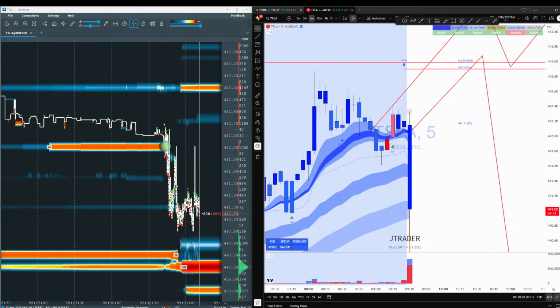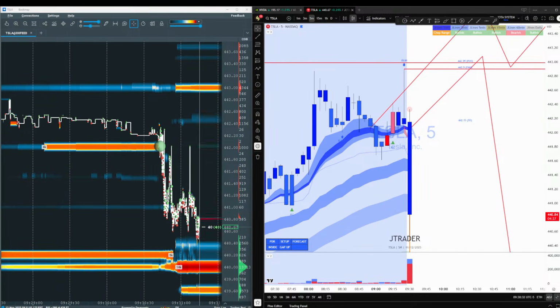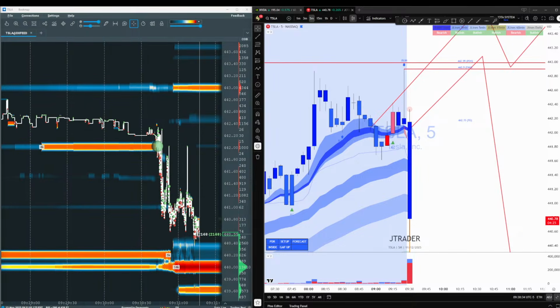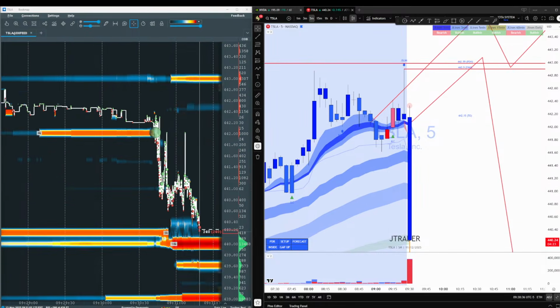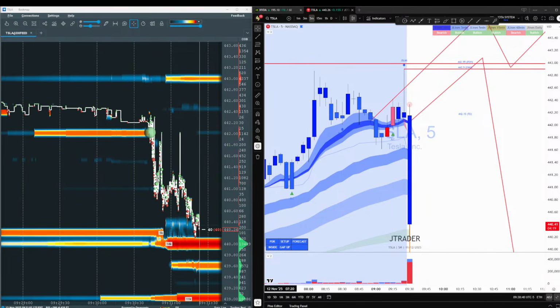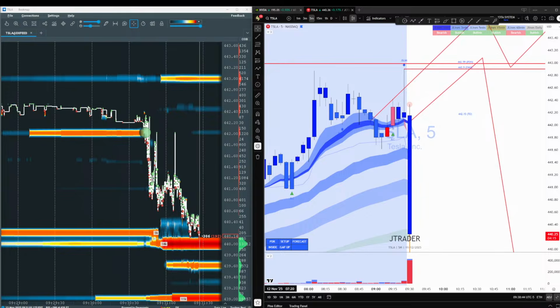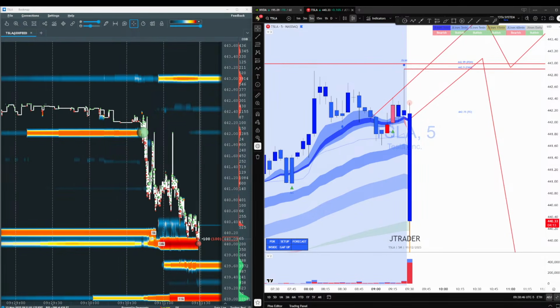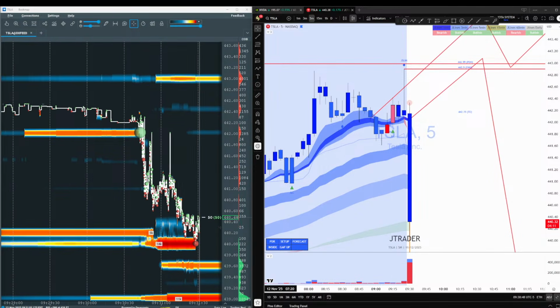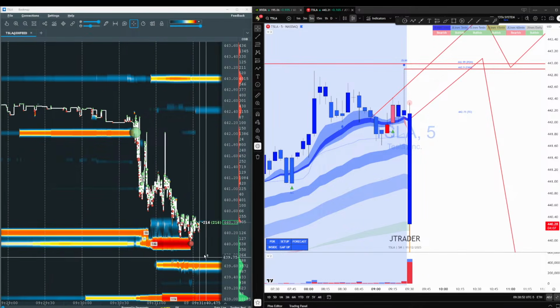Risk is 442.30. Let's see if it's going to go down to the first target, 440. We have SPY and QQQ fading and NVIDIA fading. Only AMD over here is pushing. And Google also is fading. 440 is the first target.